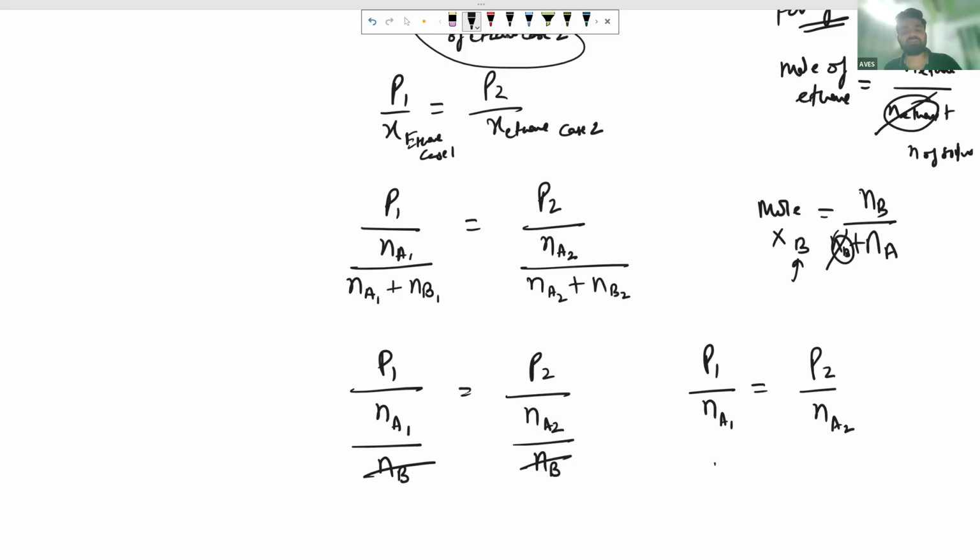So P1 partial pressure is given to you, 1 bar. Number of moles of ethane: ethane is C2H6. So what is the molecular mass of C2H6 calculated?